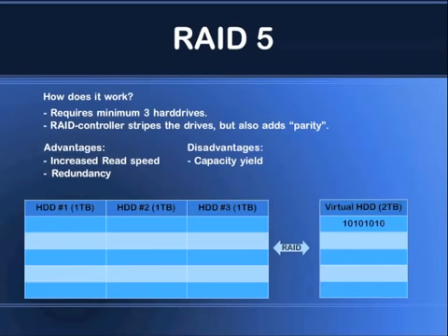When we take a closer look at what happens when the operating system is trying to write some bits of data to the disk drives, the RAID controller will take the first half of the 8 bits and write it to hard drive number 1. It will take the second half of the 8 bits and write it to hard drive number 2.